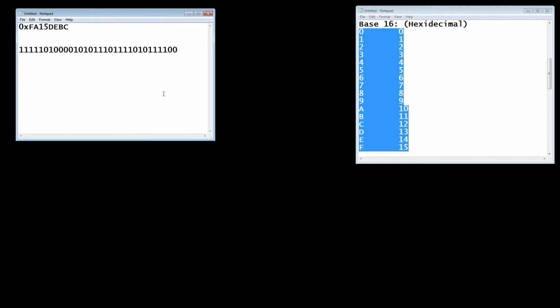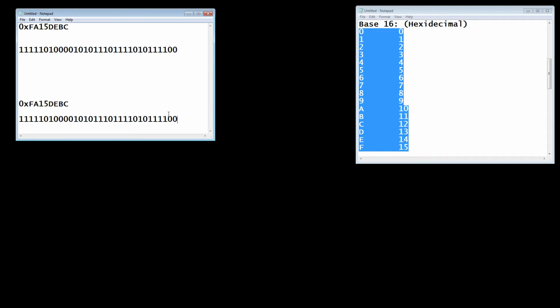All right, so this here was the binary equivalent to this hexadecimal value, right? And vice versa. So if we were doing a program and we needed a specific memory value, would it be faster for me to type 0xFA15DEBC, for our hexadecimal, or would it be faster for me to type 11110100101110111011101110.